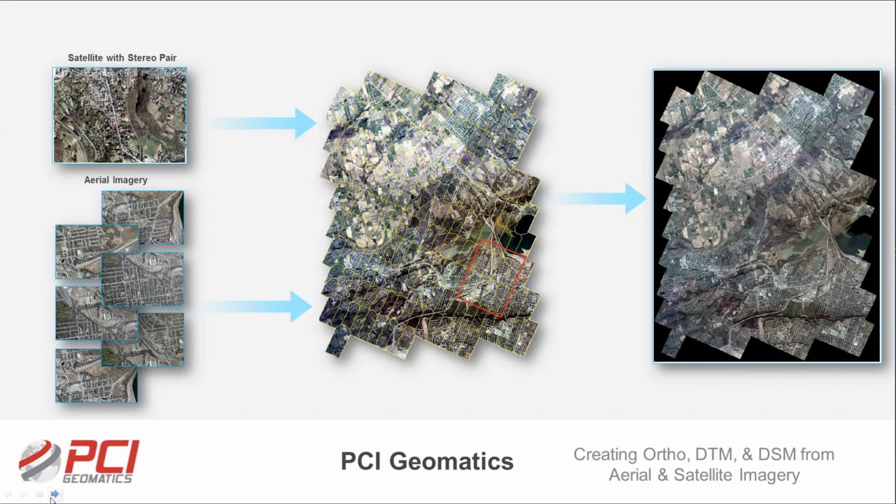So right now we're seeing the workflow with satellite and aerial imagery. The first step in creating terrain modeling is to ingest the data, georeference it, and create a seamless mosaic. With aerial and satellite imagery, the workflow is different.